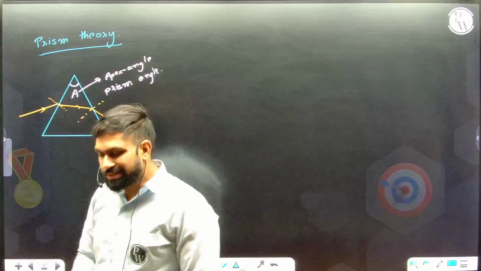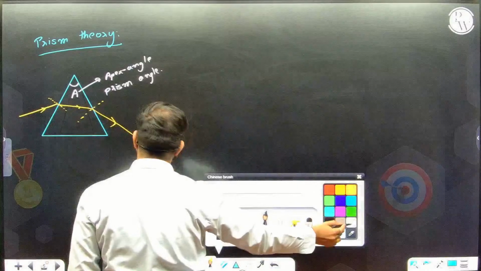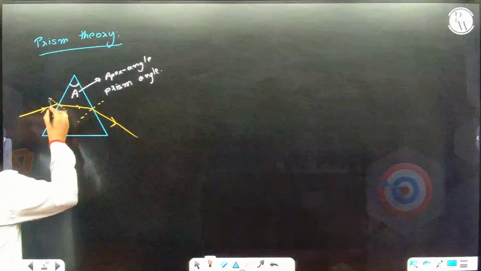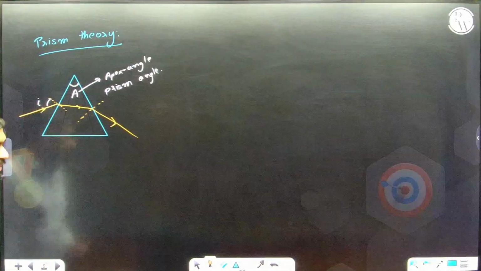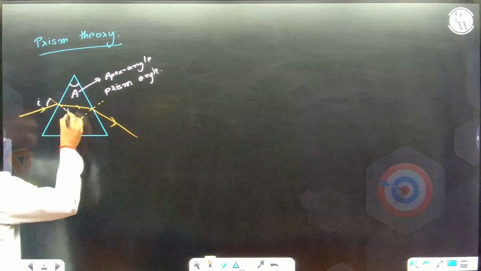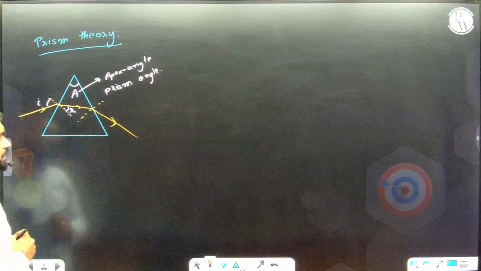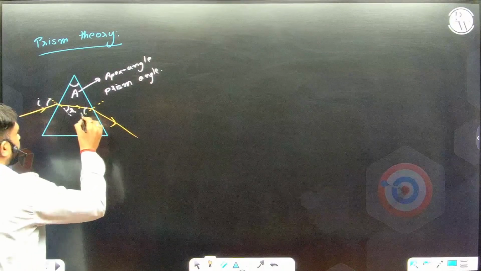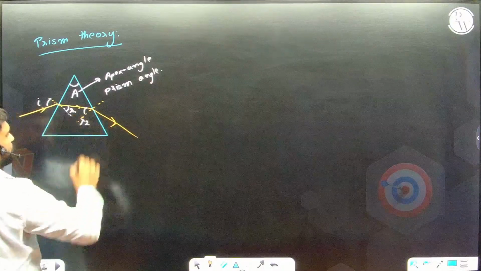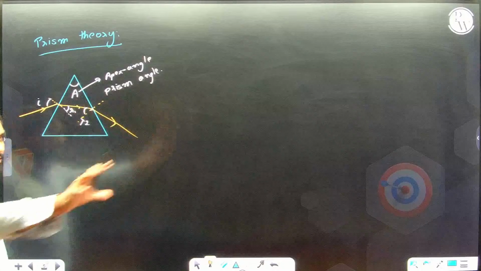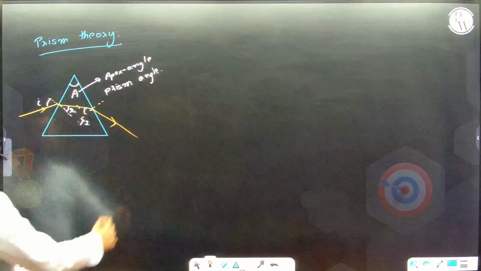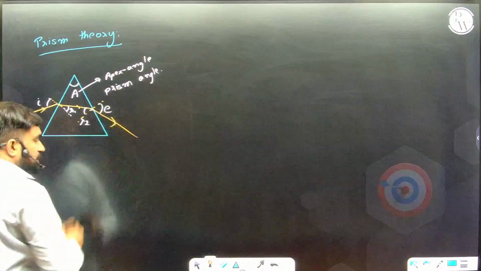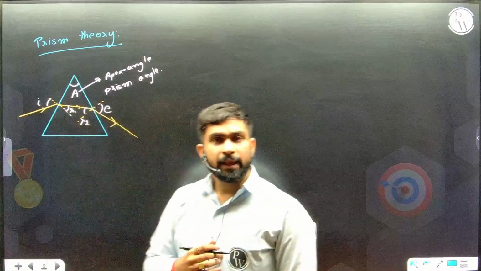So basically it suffered two refractions, and in these two refractions I am going to mark the angles. First one is angle of incidence I, then this one is angle of refraction R1, then the next one is angle of refraction R2, and the final angle, again in the air outside the prism, will be the angle of emergence E. Get it or not?